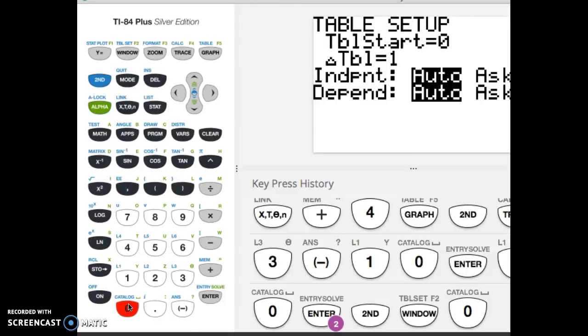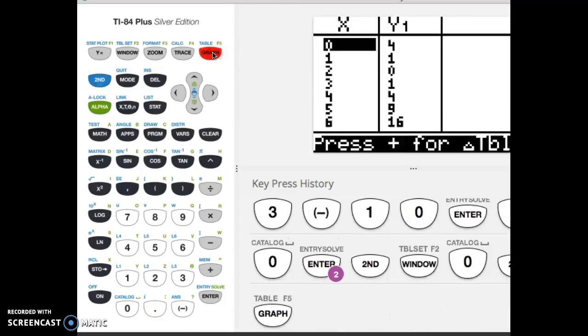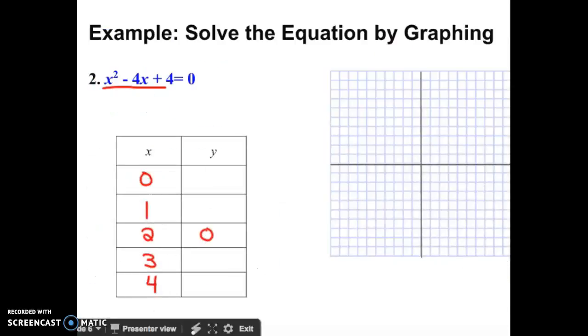Now I'll hit second and graph to go to the actual table. There are my y values that go with the x's I had. Again, notice that quadratic pattern where the numbers start repeating themselves. So I'm going to go back and fill those in: 4, 1, 0, 1, 4.